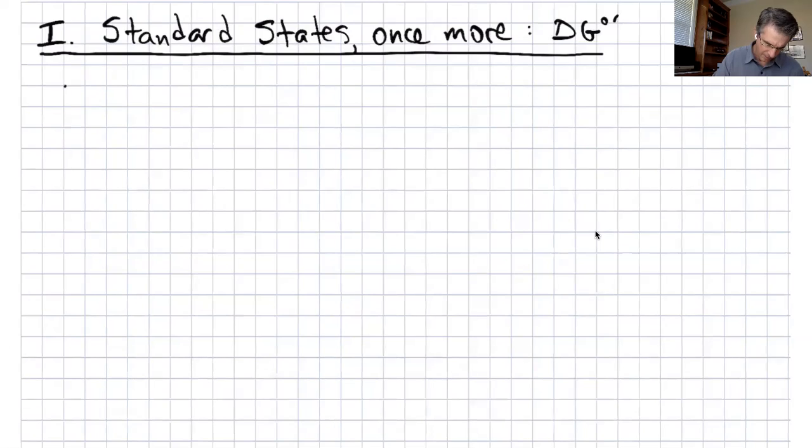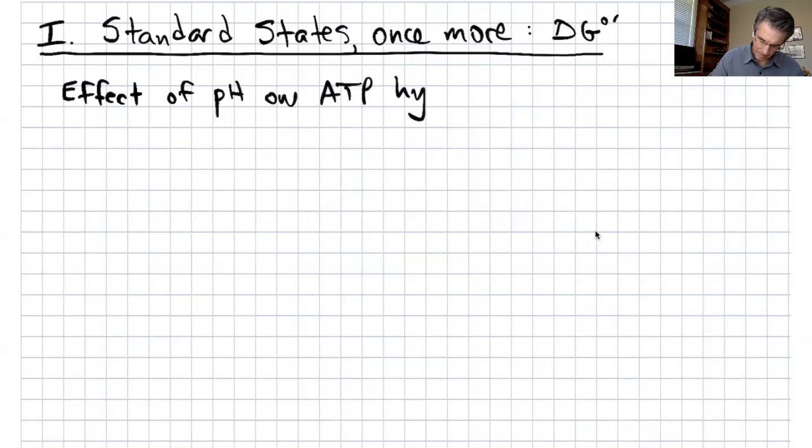Specifically, consider the effect of pH on the hydrolysis of ATP, which is something we just talked about with respect to that first critical reaction at the beginning of metabolism, the formation of glucose 6-phosphate, which requires ultimately hydrolysis of ATP.